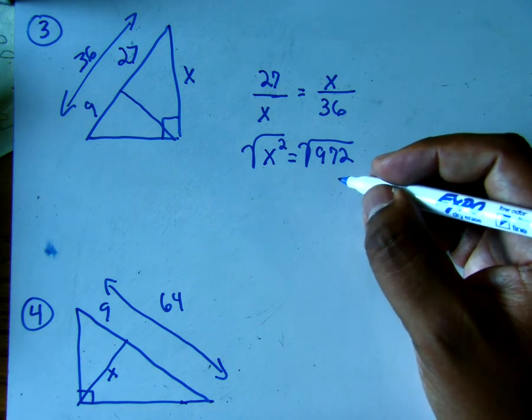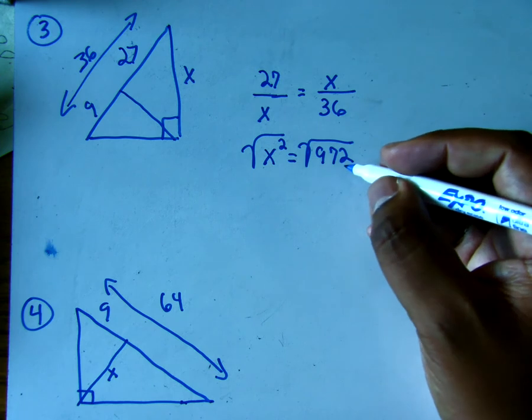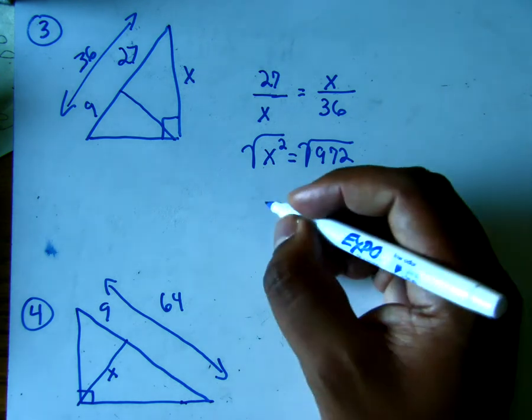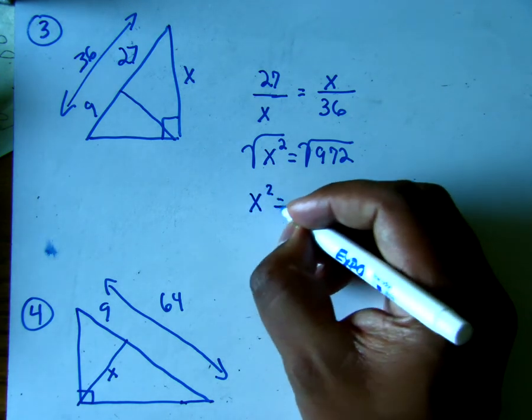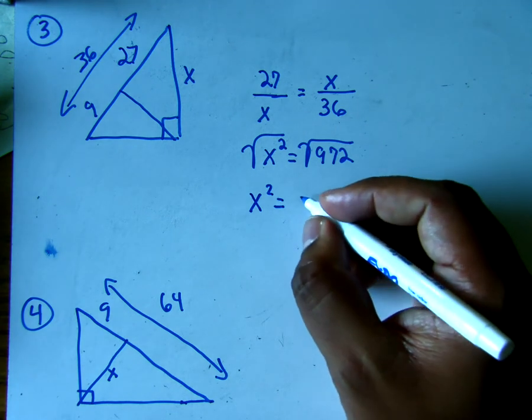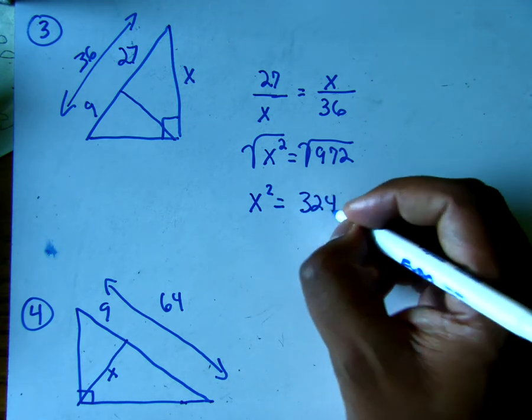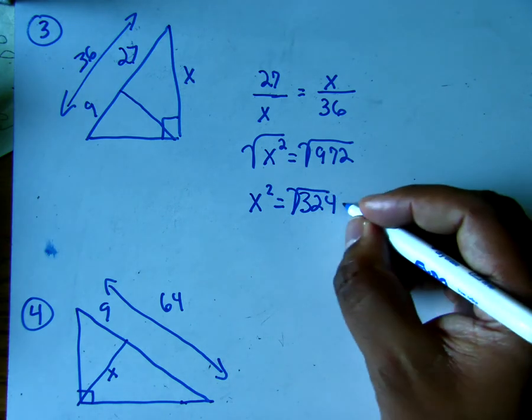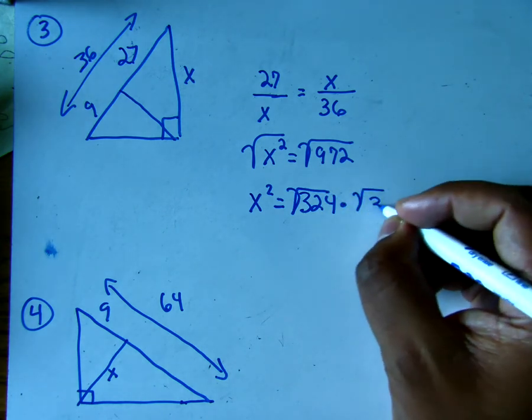So what you're going to do with the 324 is, when you divide it into 972, you have 324 times the square root of 3.